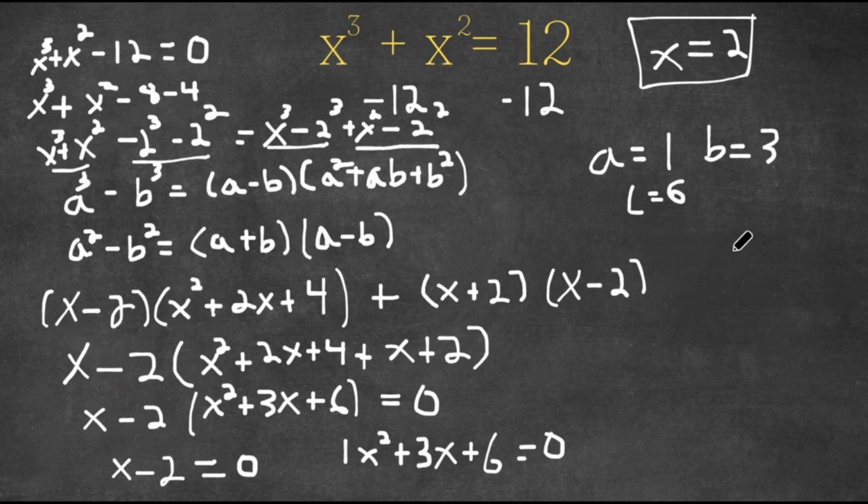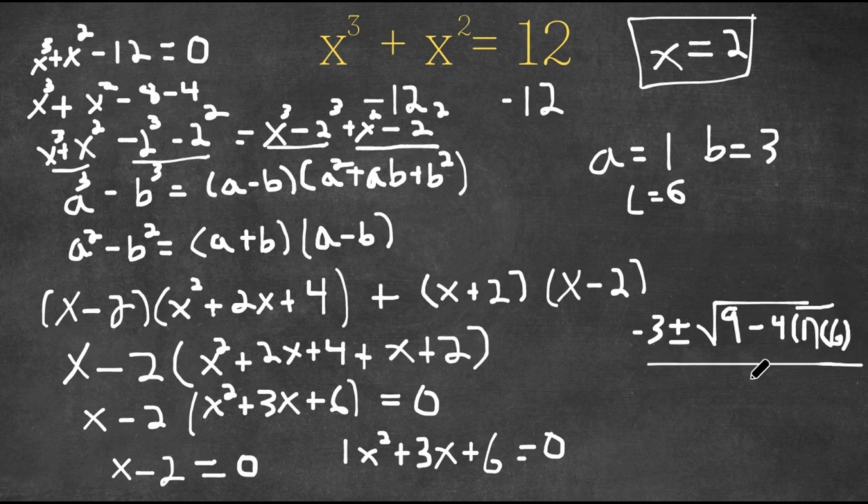So we have negative b, so negative 3 plus or minus the square root of b squared, so 3 squared, which is 9, minus 4 times a, which is 1, times c, which is 6. And we are dividing this by 2a, and a is 1, so 2.